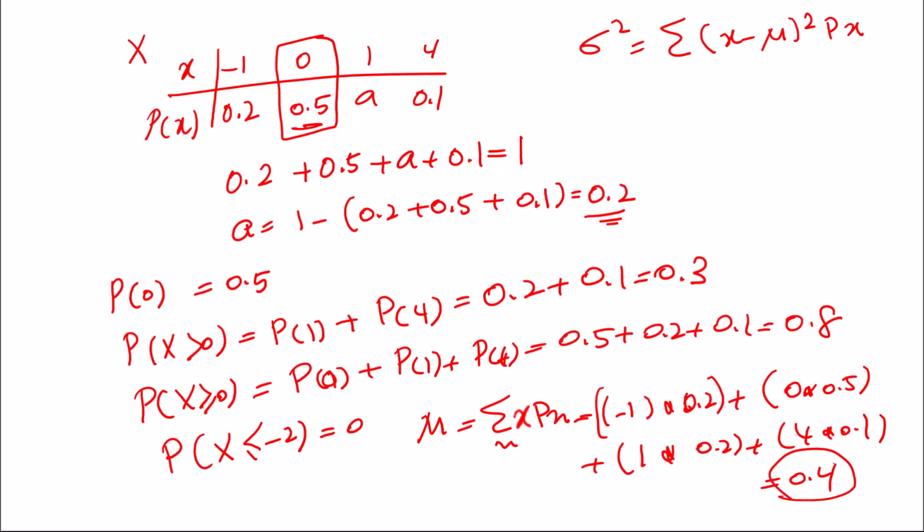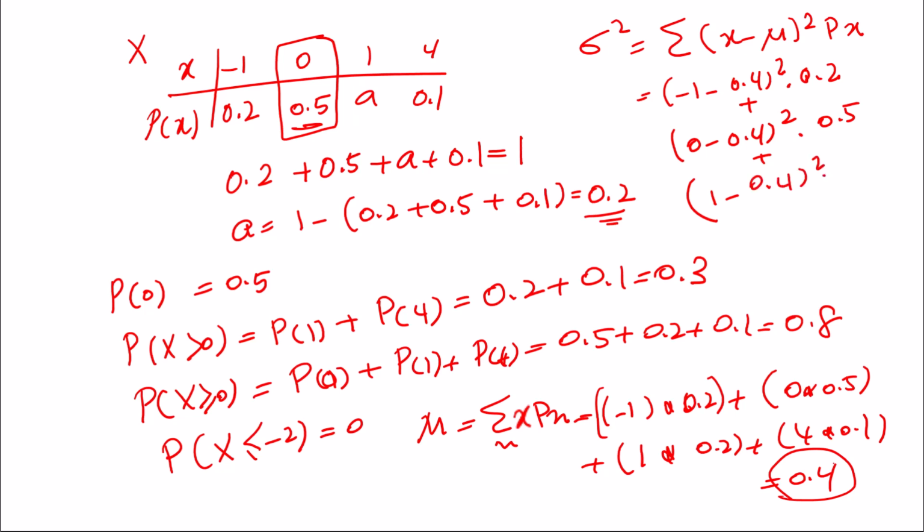Here we can say the variance is equal to (-1 minus 0.4) square multiplied by 0.2, plus the second one (0 minus 0.4) square multiplied by 0.5, plus (1 minus 0.4) square multiplied by 0.2, we find it here, right? Plus (4 minus 0.4) square multiplied by 0.1. If you sum them together, you will get 1.84.